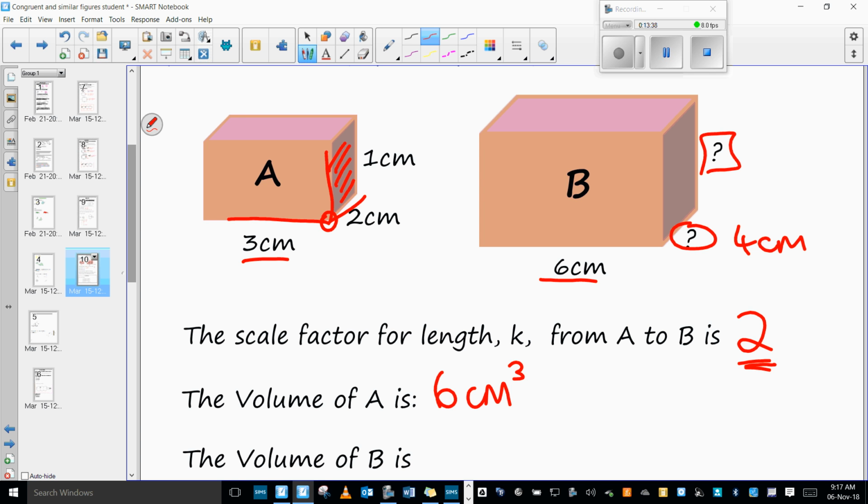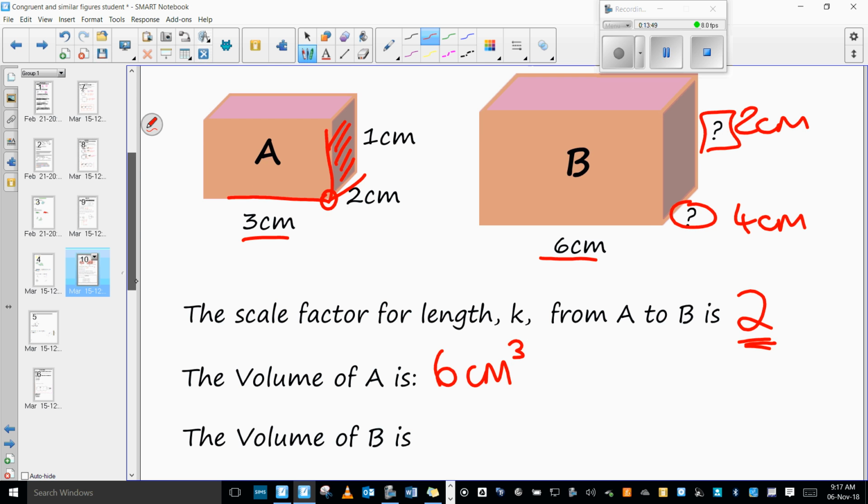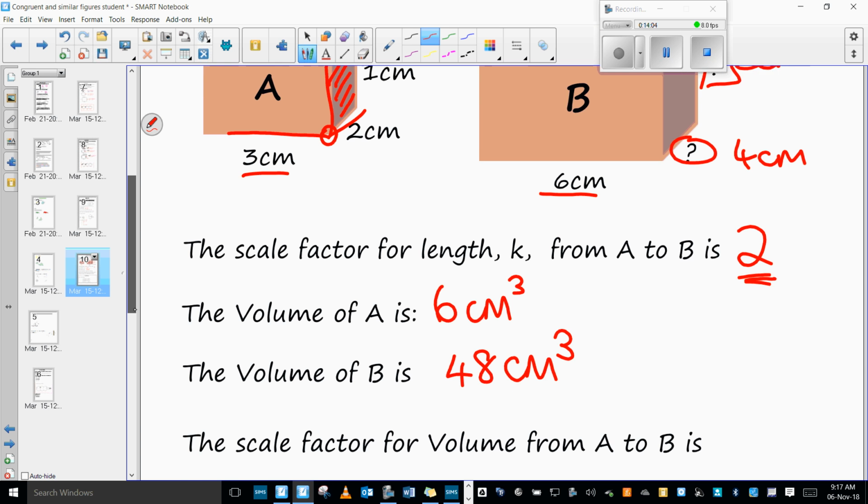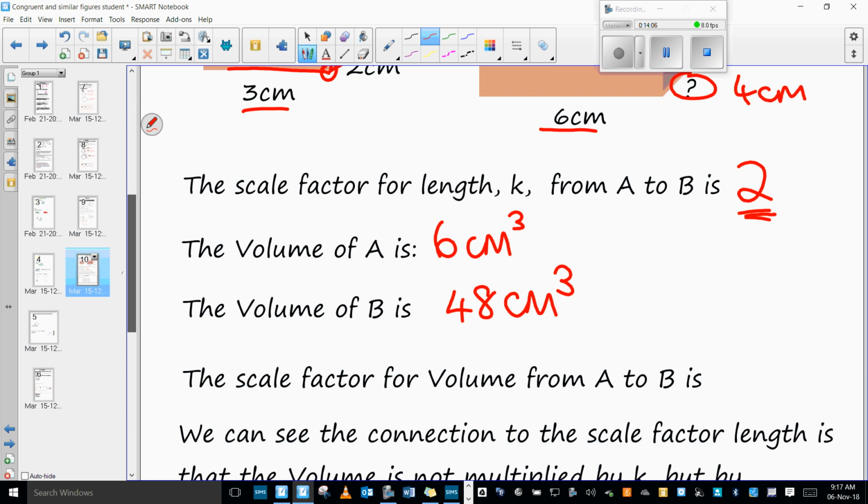So the volume of this one is what? 48. Nice help from the sidelines. Okay, so we've got the volume of A is 6, volume of B is 48. So our scale factor is going to be 8.